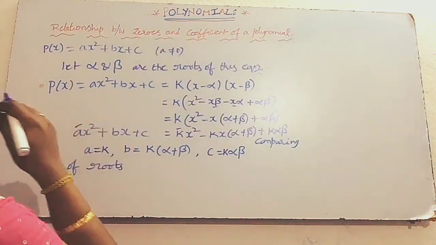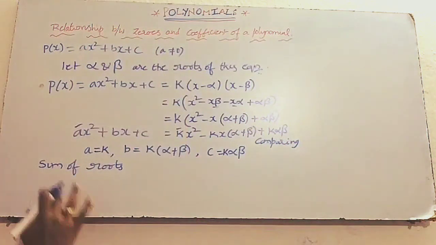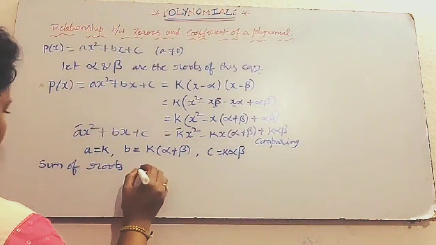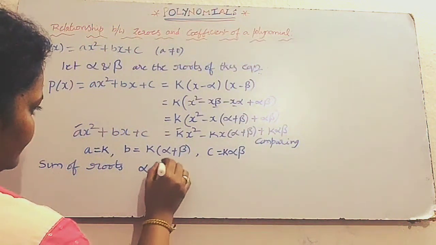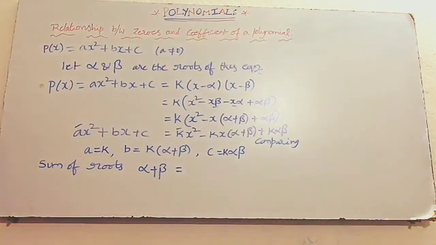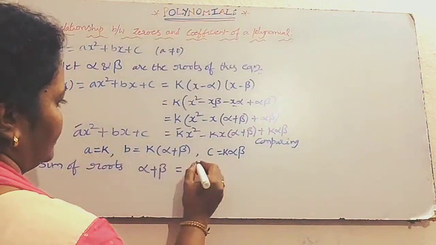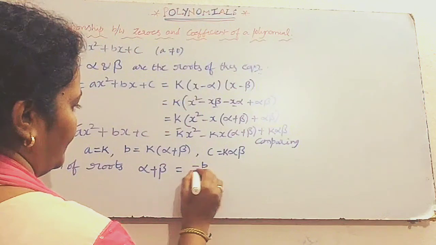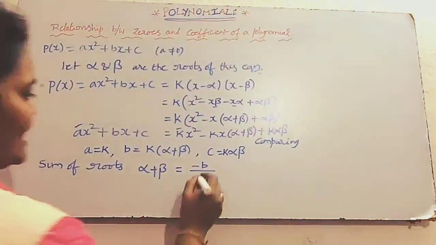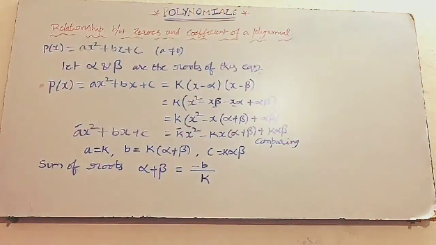I will take alpha and beta are the roots. So that's why sum of roots means alpha plus beta. Alpha plus beta equal to minus b by k.